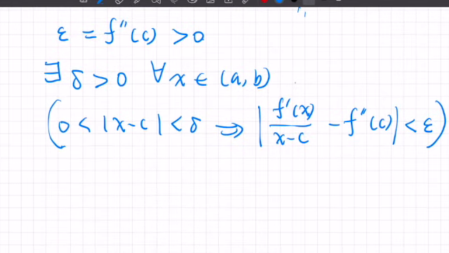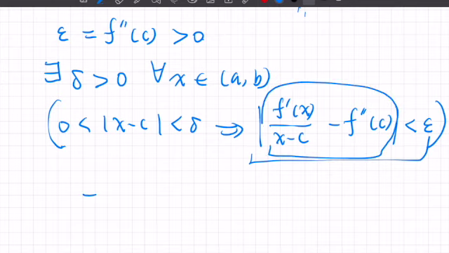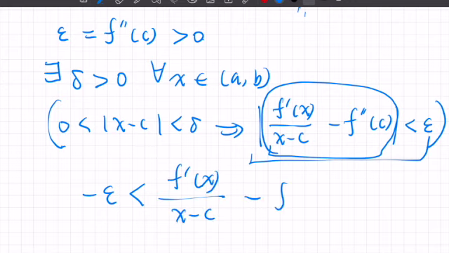And from this, the last claim, we can say that this quantity inside here is between negative epsilon and positive epsilon. But actually we don't need this part.